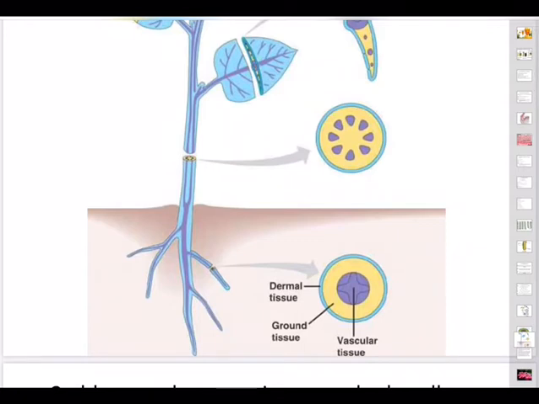So according to the position of the xylem and phloem, I am telling you three technical words: a vascular bundle can be radial, conjoint, or concentric.